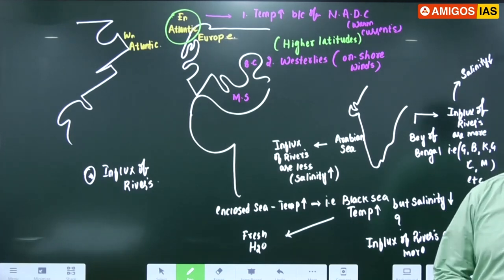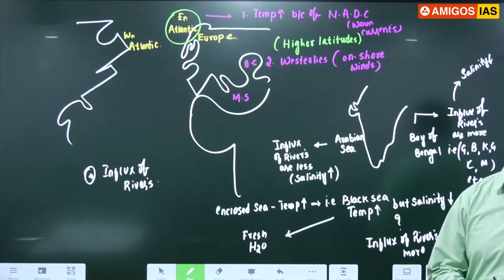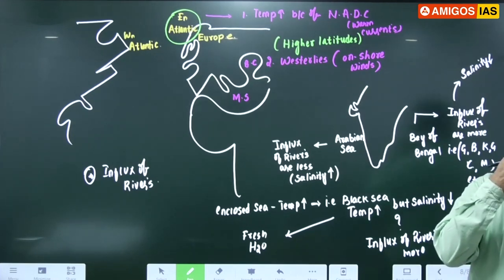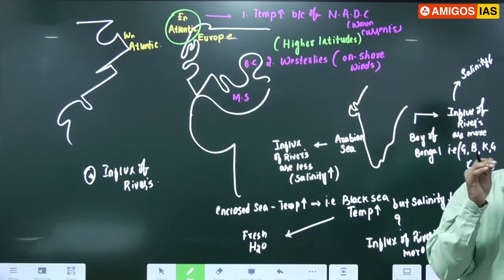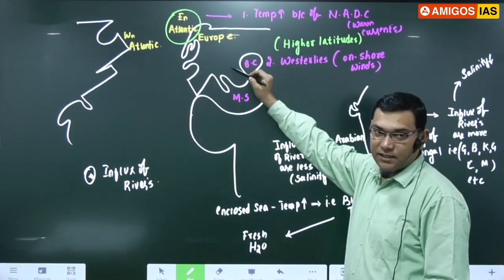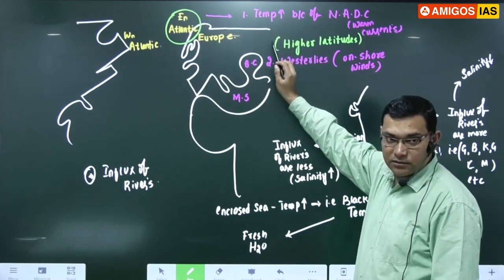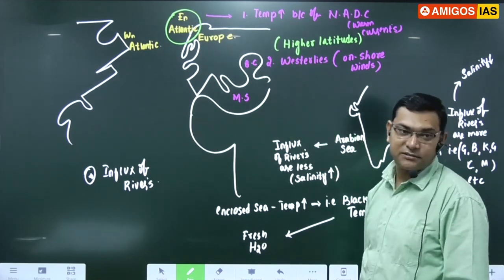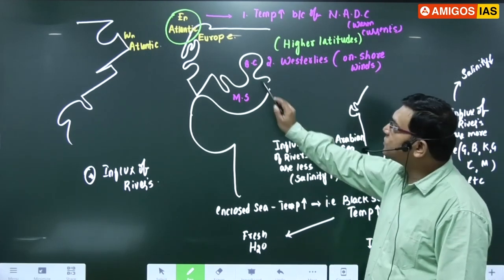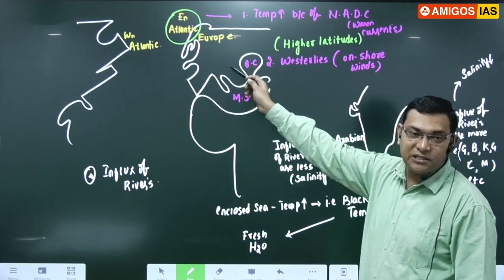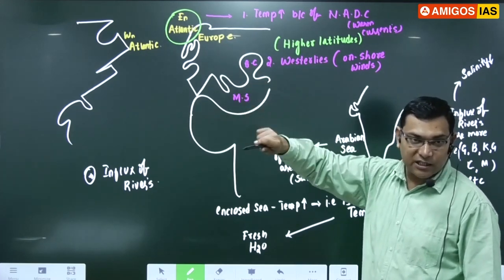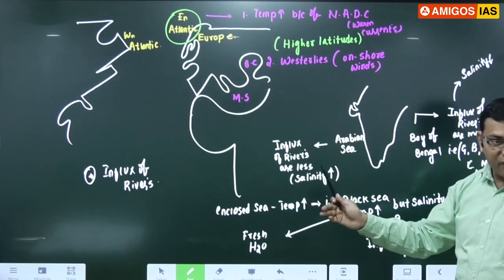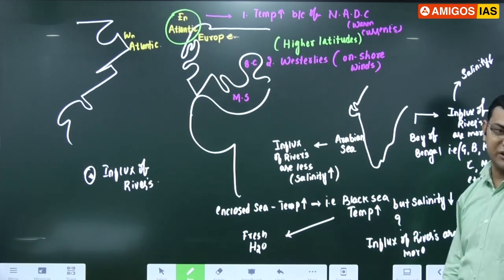But if I consider only the factor of closed and enclosed seas, open seas, the Black Sea will record more temperature than the Mediterranean Sea. But here this land is cool, so cooler temperatures are supplied. That is also a factor I have to consider. But generally, it is an enclosed sea, so temperature should be more; if temperature is more, evaporation will be more, and salinity will be more. But here it is not letting evaporation happen. Why? Because new fresh water is added into that particular region. Okay.